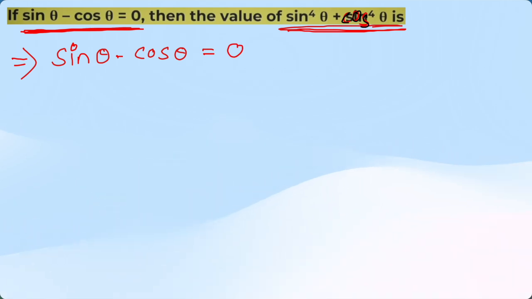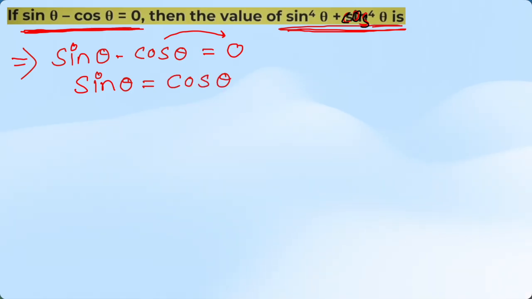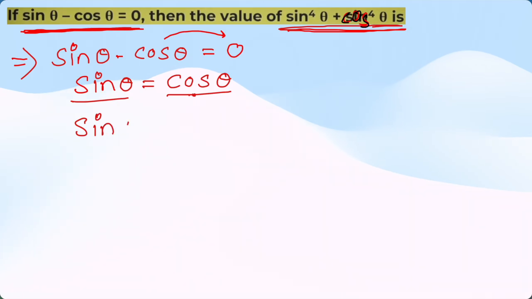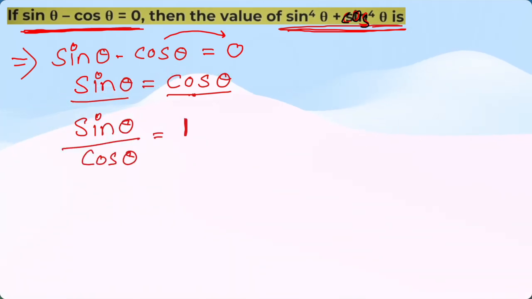Now what we can do for this? Cos theta, we can shift it to the right hand side. It will become sine theta. It was subtraction here, so on shifting it to the right hand side it will become positive, so cos theta. Any doubt? Cos theta, if it is in the numerator, I shift it to the denominator, what will happen? It will become sine theta by cos theta, and what will be left? 1 will be left.